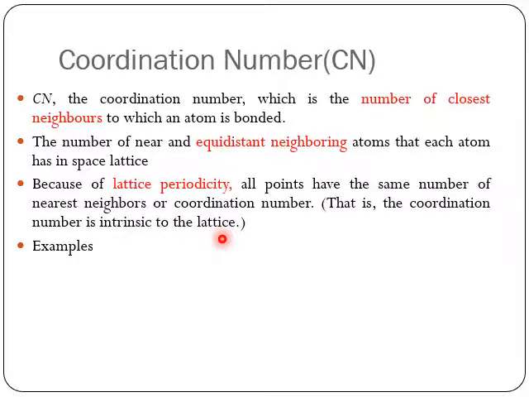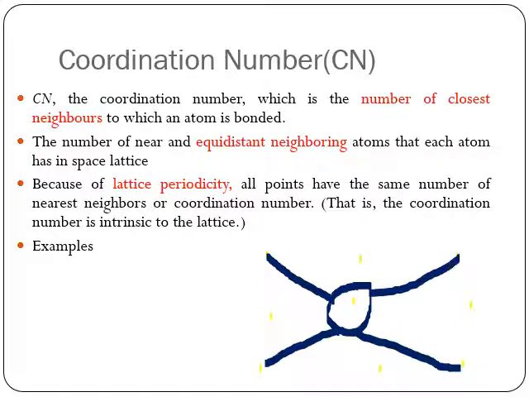So how exactly will we see? Because of lattice periodicity, all points have the same number of nearest neighbors. Okay, again the same example. If you take a plantation, right, with a number of things here like this. The one at this point will have equidistant neighbors: this one, this one, this one, and this one. So all these 4 are equidistant. Or if you take this one, these are equidistant.